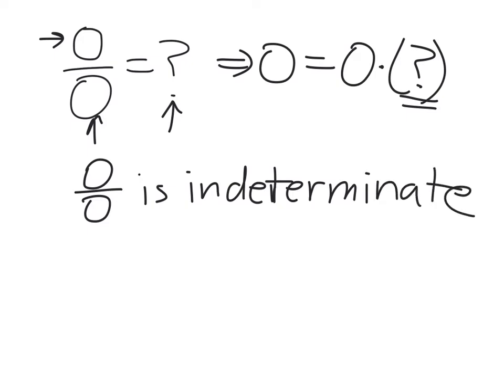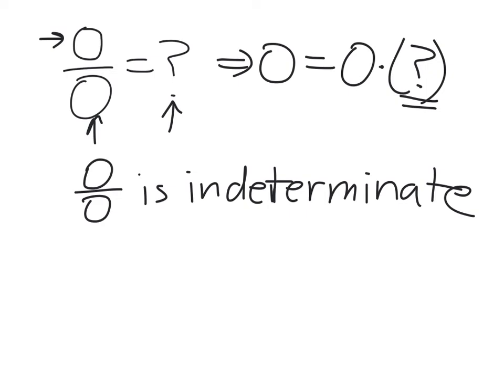We can't figure it out because it could be anything. It could be 0, it could be 1, it could be negative 1,000. Okay? And we're going to run into this situation a little bit later when we start talking about limits and how to calculate limits.